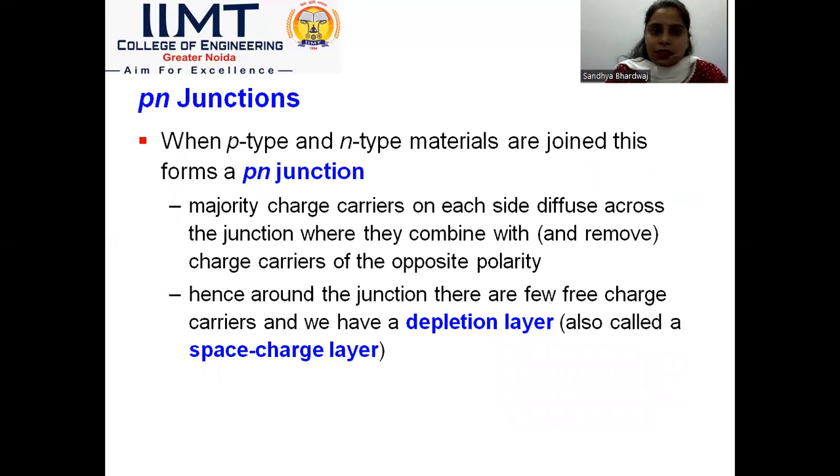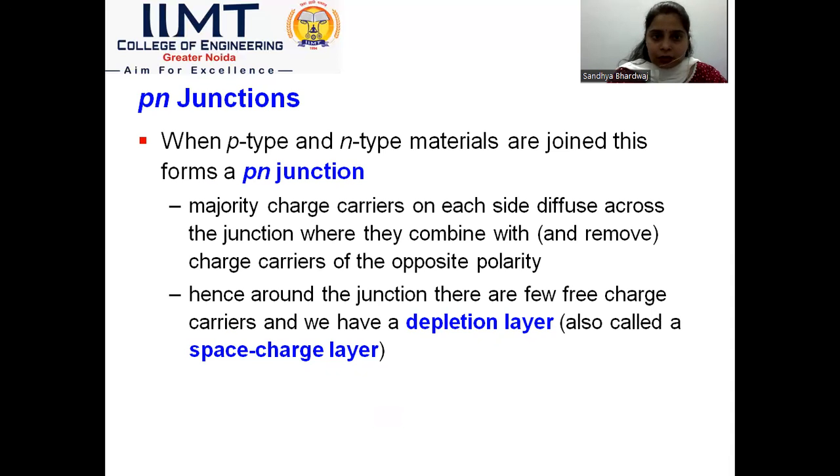Then what is a PN junction? Basically, junction is the term for when two or more things are put together to form a junction. When P-type and N-type material are joined to each other, this forms a PN junction.